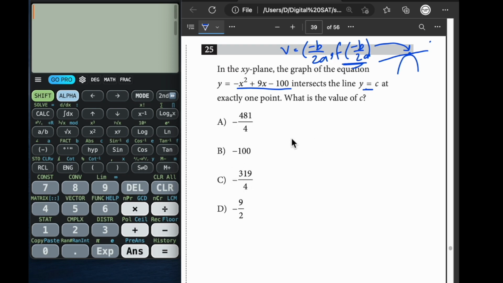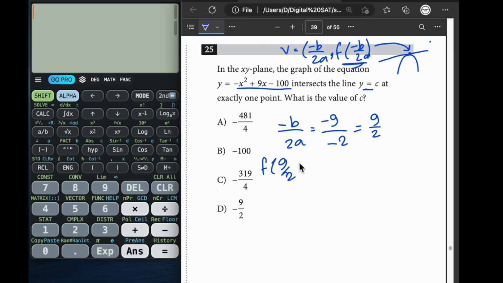To find negative b over 2a, it will be negative 9 over 2 times the coefficient of x squared, which is negative 1, so it will be negative 2. So negative b over 2a will be negative 9 over negative 2, which is 9 over 2. Now we want to find f of 9 over 2.